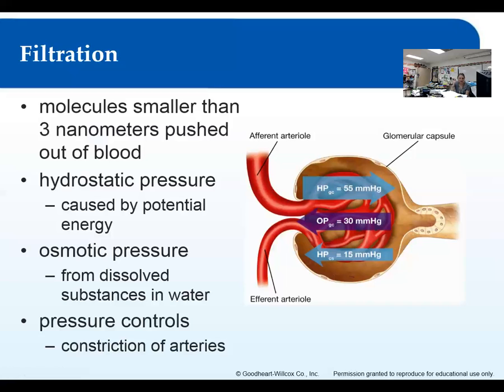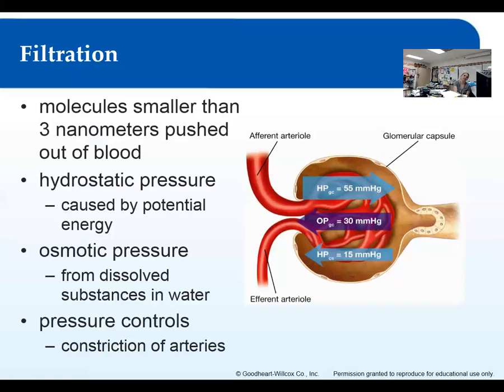It said the normal hydrostatic pressure inside the glomerulus here is 55 millimeters of mercury. But normal capillaries only have about 20 to 25 millimeters of mercury pressure-wise. So higher than normal.